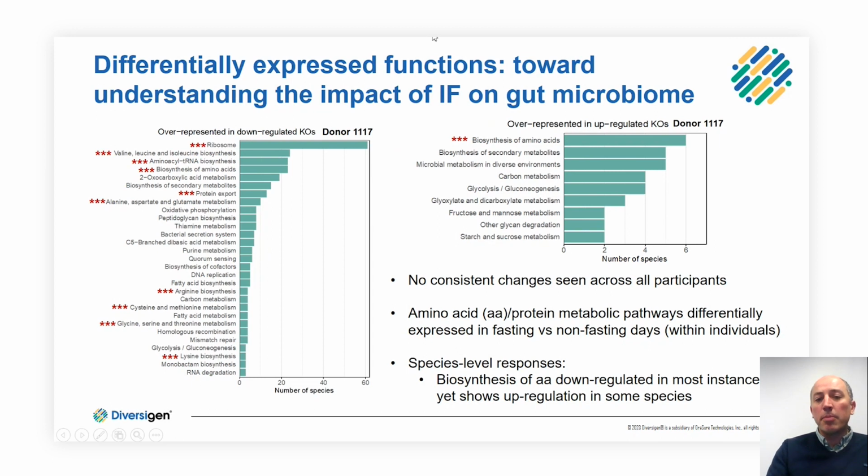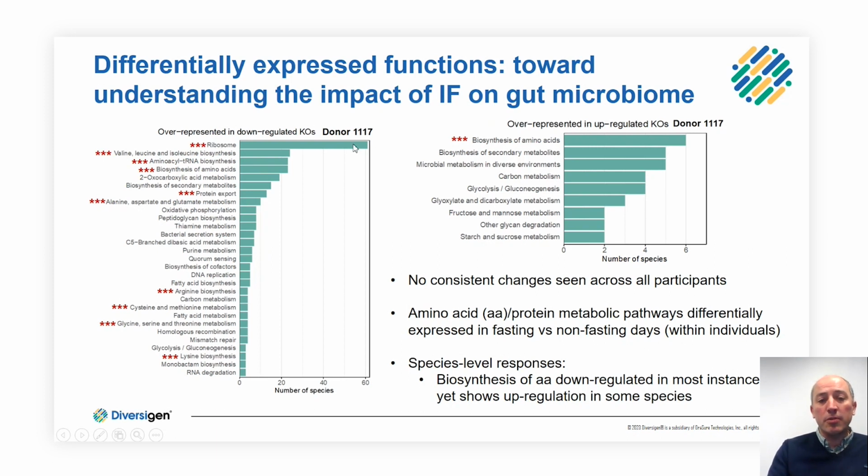For example, biosynthesis of amino acids is upregulated in 6 species, but also downregulated in approximately 20 to 25 species. That shows you that, in response to the diet, some bacteria shut down biosynthesis of amino acids, while others jumpstart amino acid synthesis. One very consistent change that we did see, generally speaking, is that most of the bacterial species were shutting down ribosomal function.